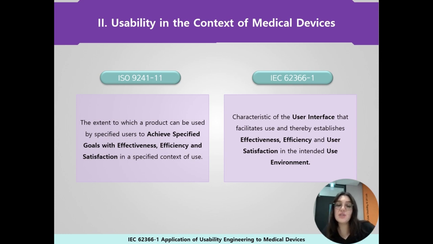Following the ISO 9241-11, which provides a framework for understanding the concept of usability and applying it to situations where people use interactive systems and other types of systems, or also products and services, usability is defined as the extent to which a product can be used by specified users to achieve specified goals with effectiveness, efficiency, and satisfaction in a specified context of use. So these three words are very important for usability: effectiveness, efficiency, and satisfaction.